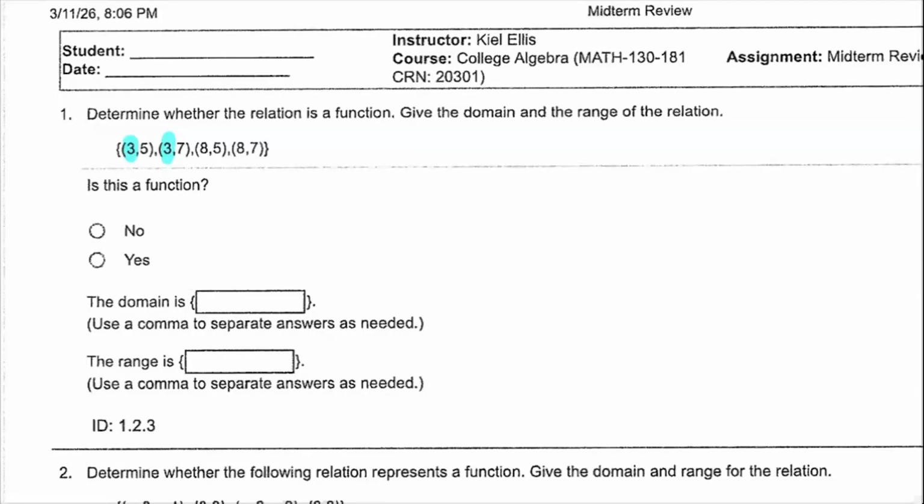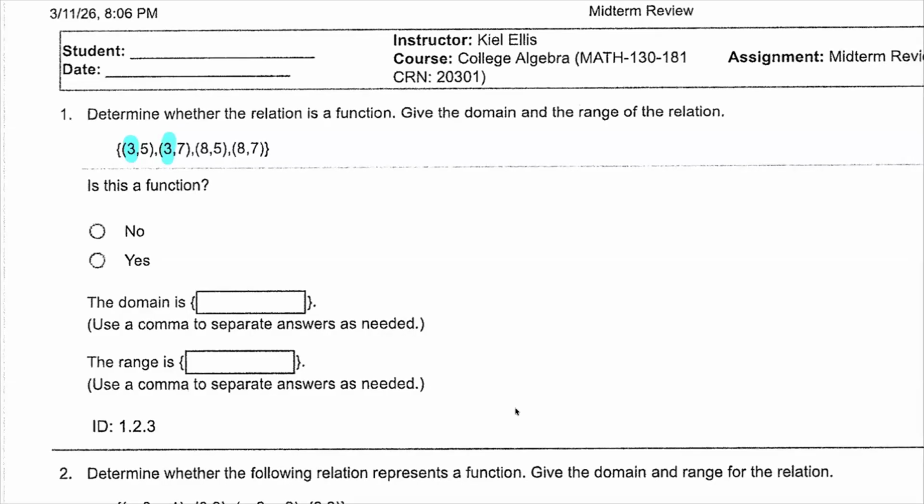The first 3 matches with a 5 as the y value. The second 3 matches with the 7, and that can't happen if it's going to be a function. Never mind the fact that the 8 repeats as well.